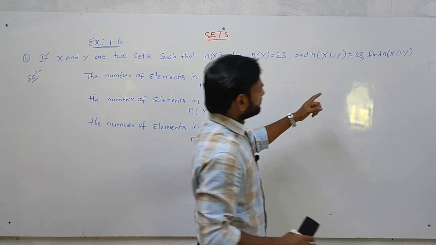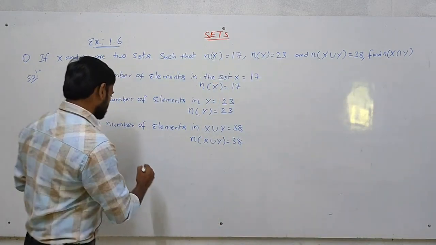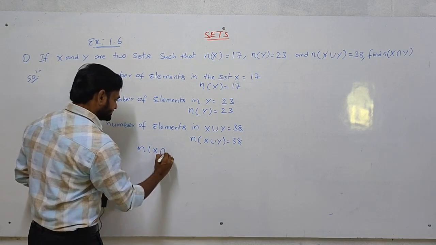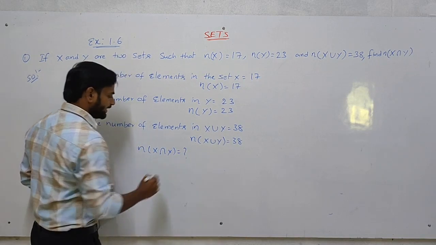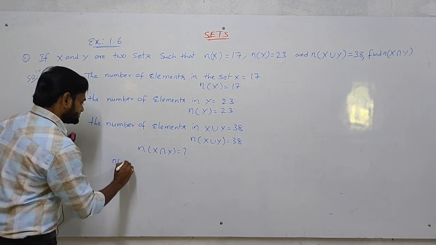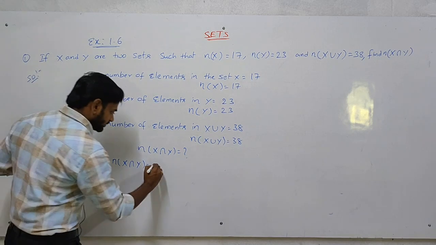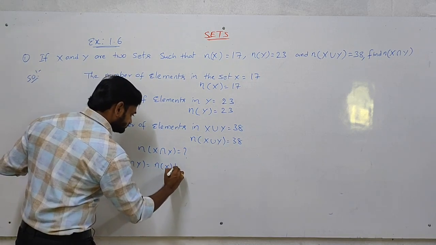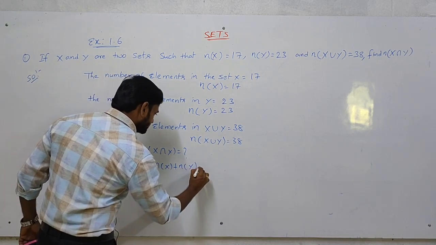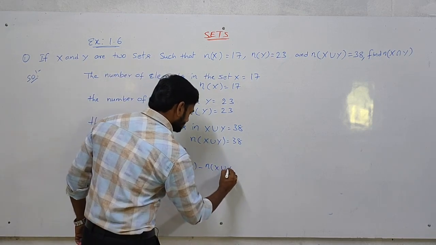The number of elements in x intersection y. That is n of x intersection y we have to find. So we have the formula already. That is n of x intersection y is equal to n of x plus n of y minus n of x union y.